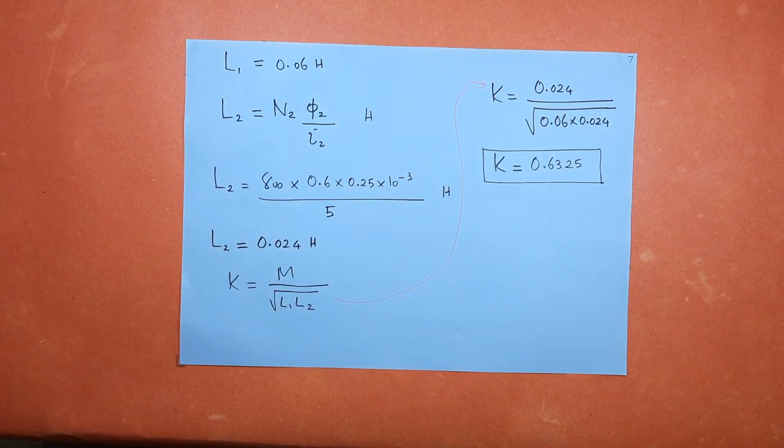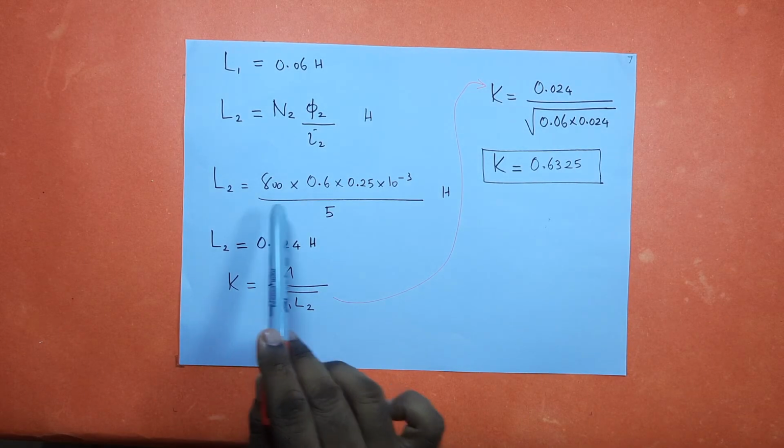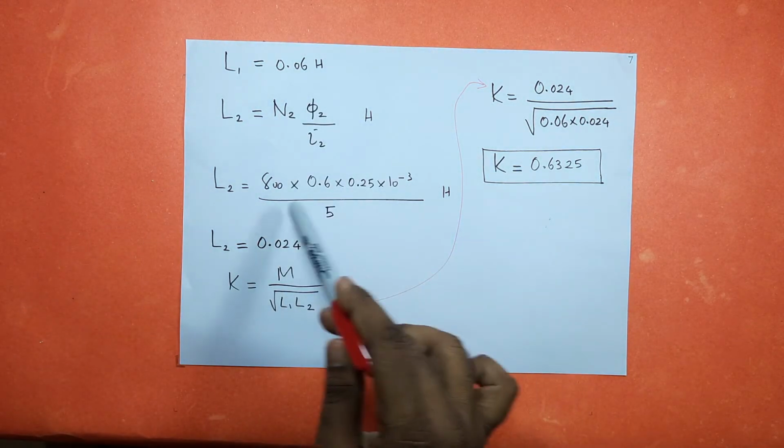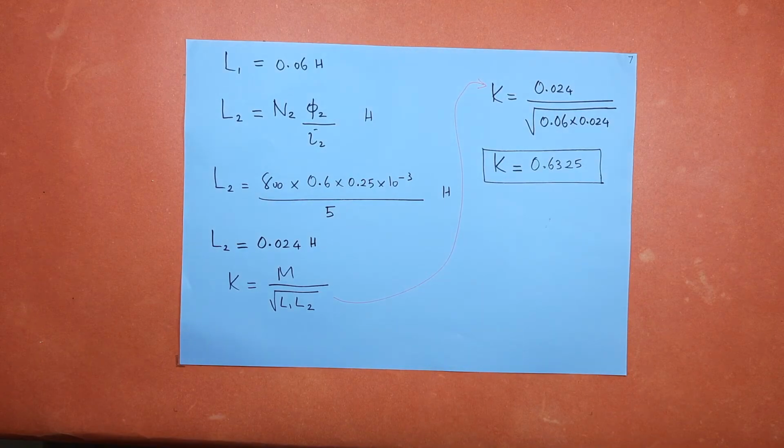L2 is given by this expression, L2 equal to N2 Phi 2 divided by I2. L2 equal to 800 into Phi 2, we have already got 0.6 into 0.25 into 10 power minus 3 divided by 5. So L2 we are going to get 0.024 Henry.